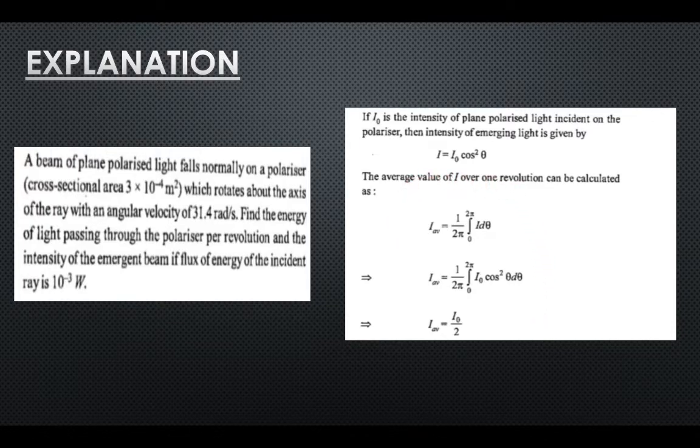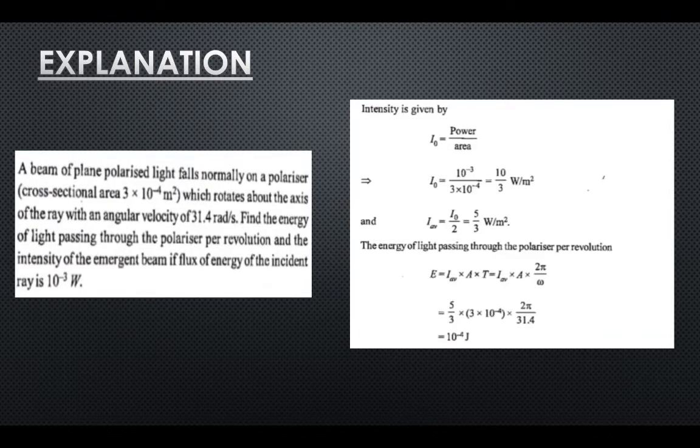And now considering the second part of the explanation, we will find the intensity. The intensity is given by power upon area, a very basic equation used in the question. Power equals intensity times area, and substituting the values, we get I naught equals 10 to the power minus 4 upon 3 into 10 to the power minus 4.